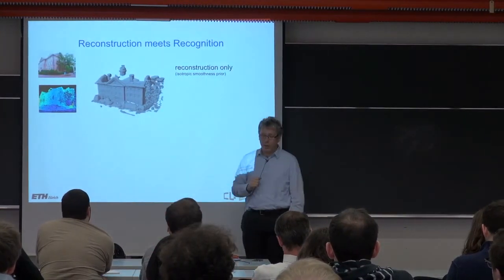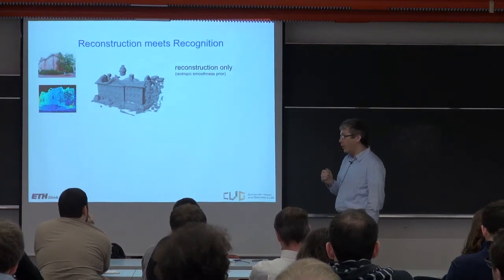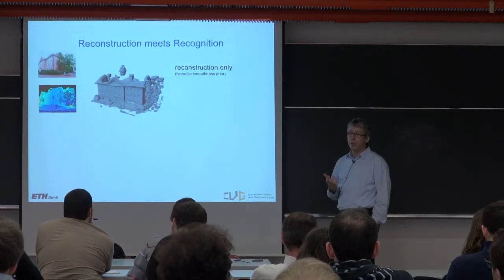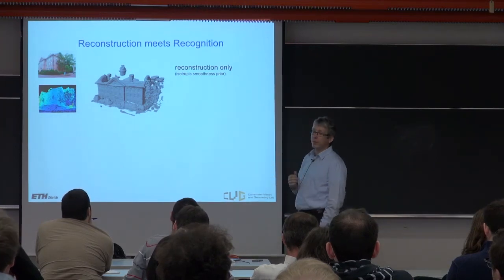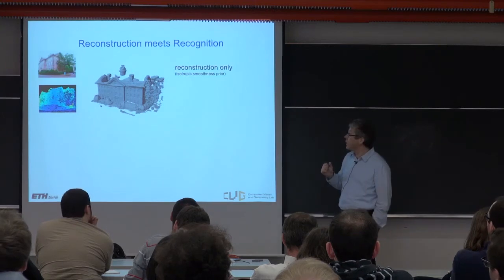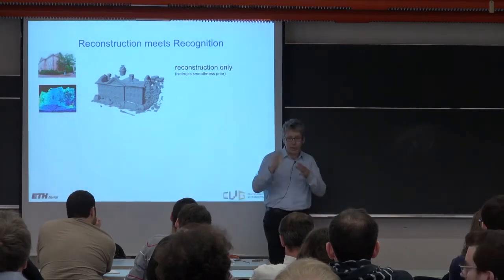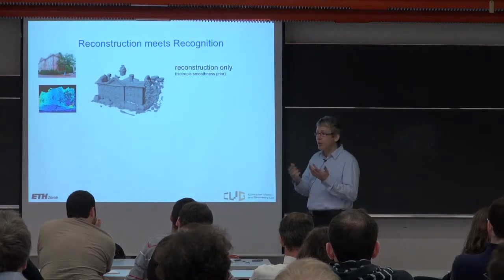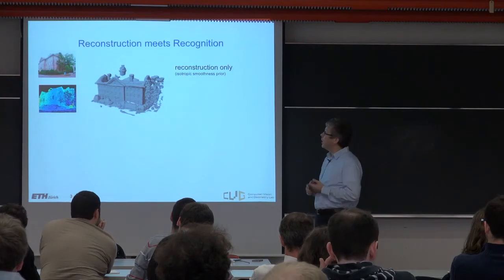Another area is recognition. There, the question is developing algorithms which, from images, figure out what you see in the scene. Okay, so you want to know: is this a building? Are there trees? You want to answer these more semantic questions and interpret what you see in the scene.